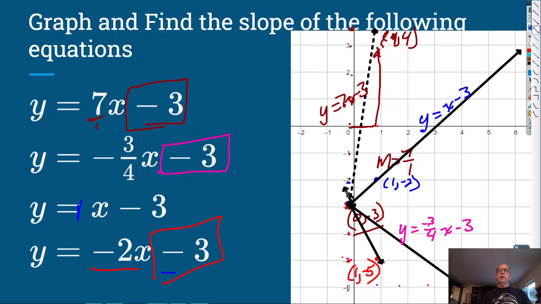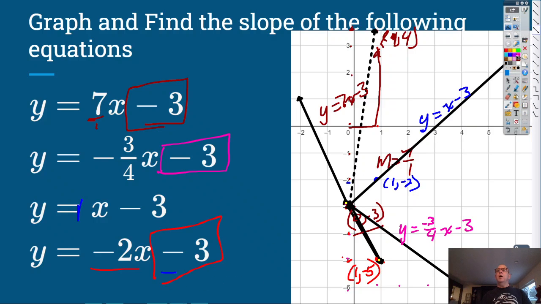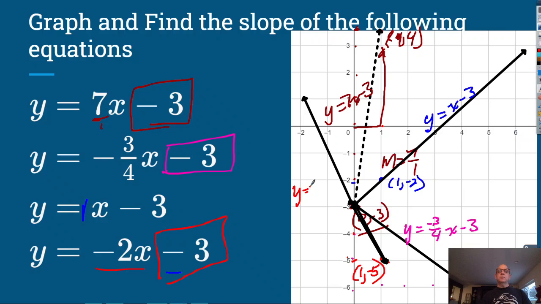And this line again can go forever and ever. That line can go forever and ever. They all go forever and ever. And that was the line y equals -2x minus 3.